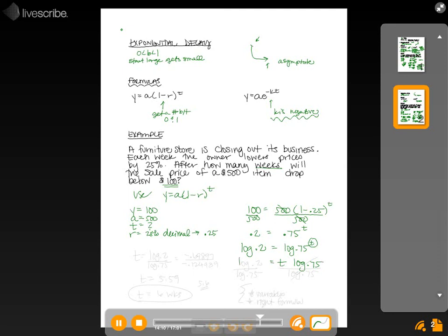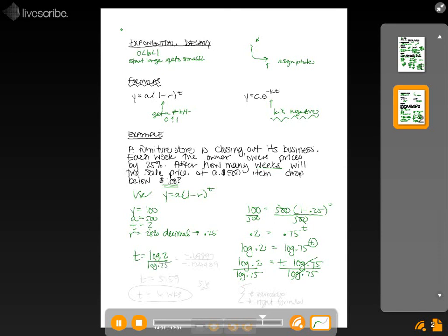That's the power property. And then we can divide both sides by log 0.75. So we end up getting t equals log 0.2 divided by log 0.75. And that would be our answer.